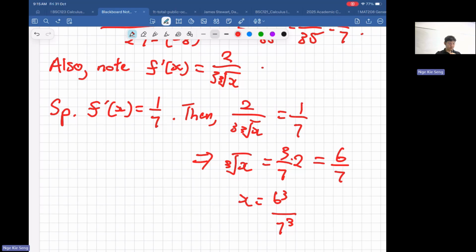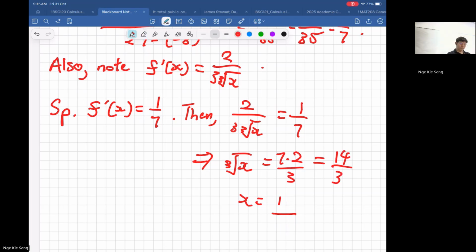So the cube root goes there. The 7 should go up. Okay, so what is this?